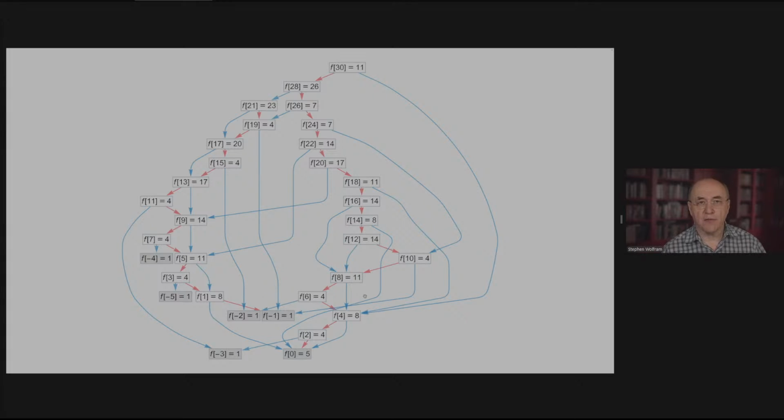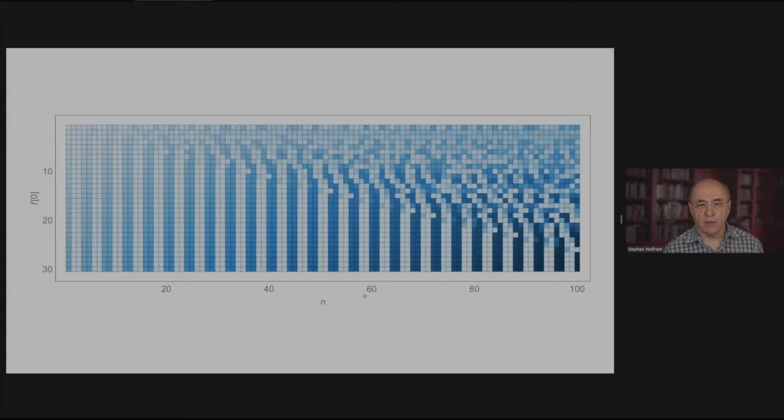So if we plot the value of f of n as a function of the value of f of 0, this is what we get. For n less than 3 times f of 0, so kind of the line across this picture, f of n always has simple behavior and is essentially periodic.